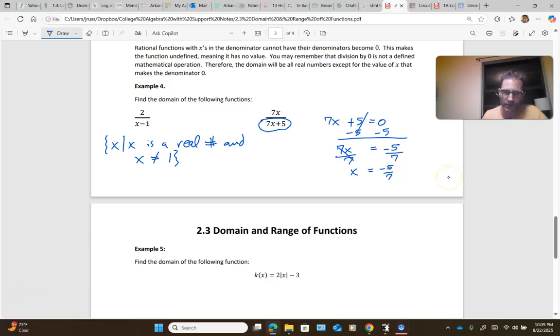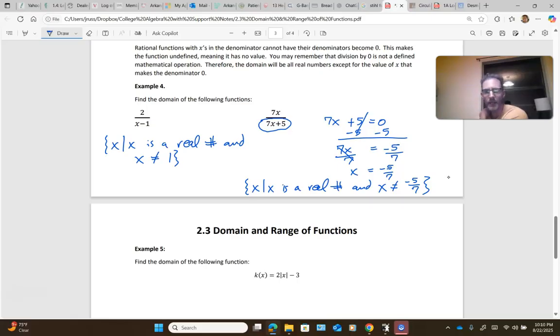And so again, I could write it in set builder notation and say the domain is all values of x such that x is a real number and x cannot be equal to -5/7. Okay.